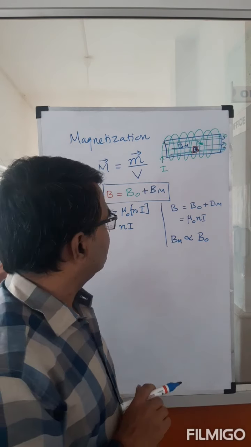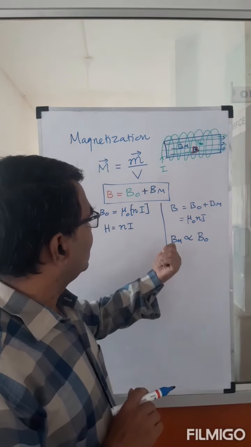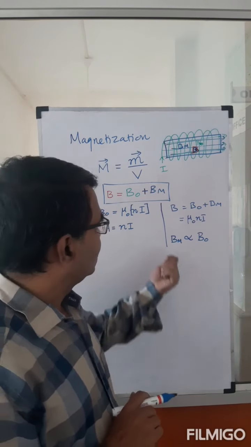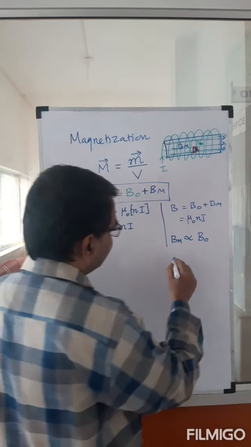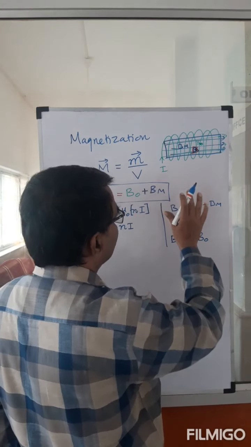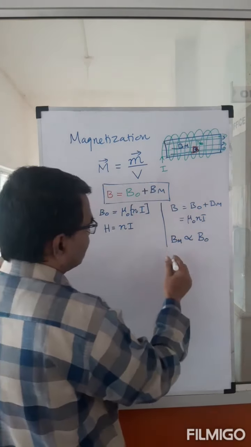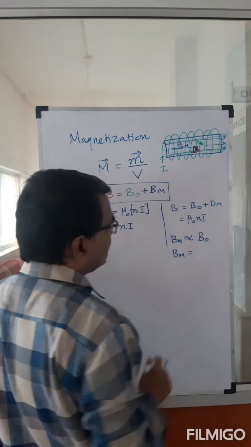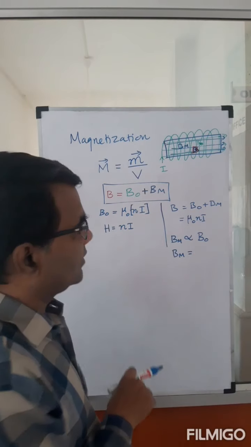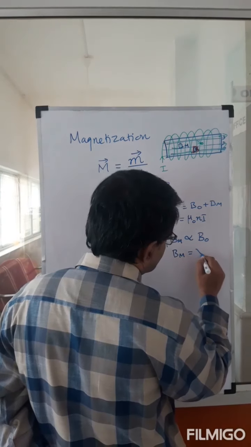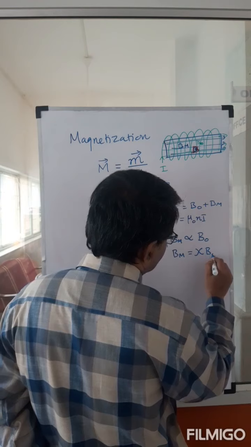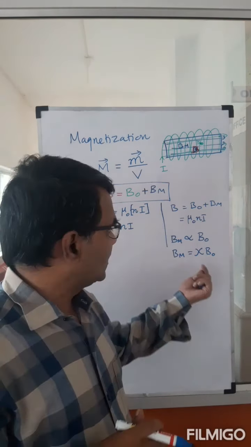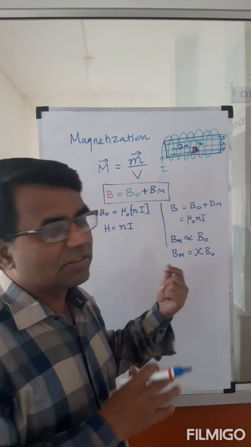And then Bm can be written with a constant of proportionality that I can introduce. Call this as psi times B naught. It looks like x, but it's called psi.